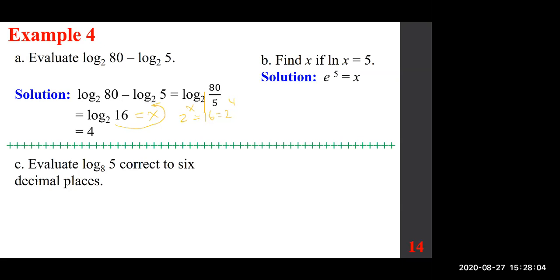So that is that. And part C, I know you have to use a calculator, but I just wanted to have a question involving the change of base formula. So what is log 5 base 8? You can write it as ln 5 over ln 8 or log 5 over log 8, okay?